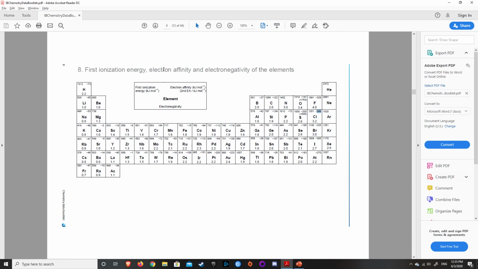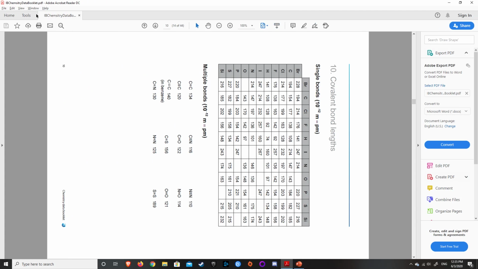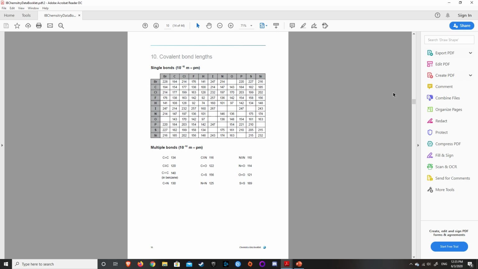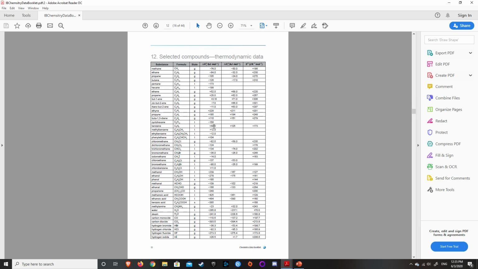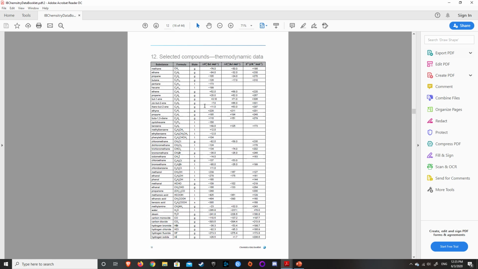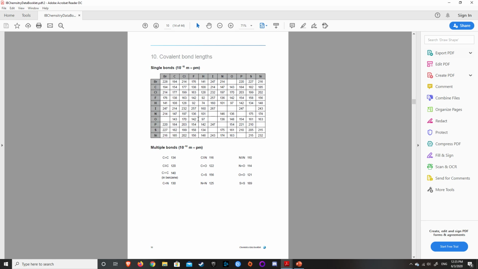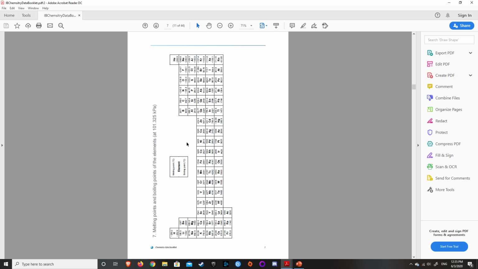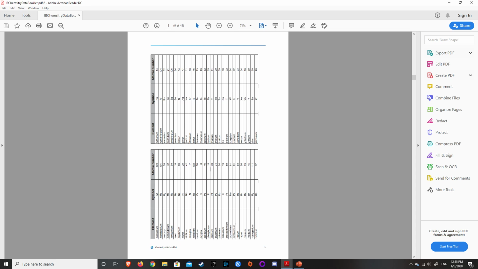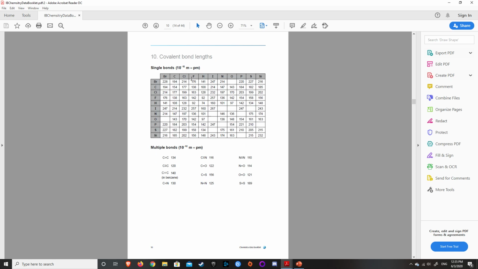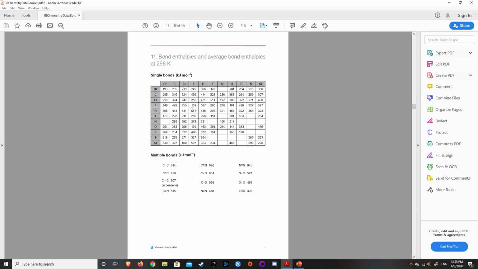Let's check that. Where's the lattice enthalpy? Oops. Nope. Rotate counterclockwise. There we go. Let's try to find some lattice enthalpy. Enthalpies of combustion, oxidation states, ionization energy, melting points, and boiling points, periodic table. It says it's given in here somewhere. That's not MgO.